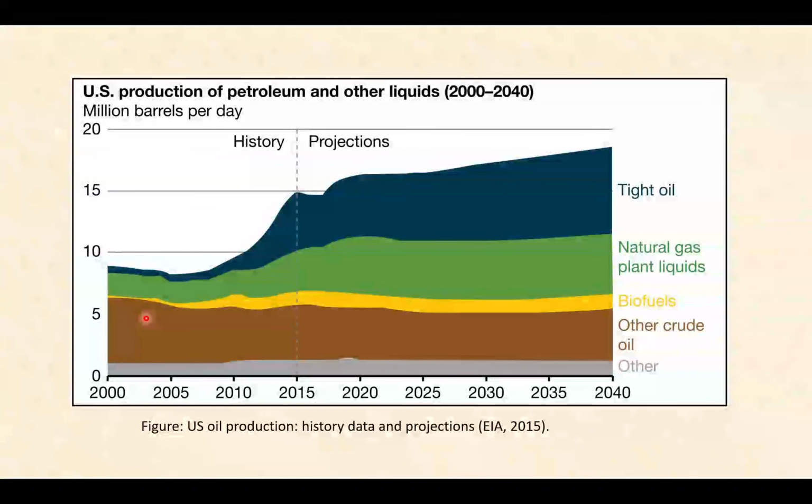And if we compare with the other types of conventional oil, there will come a time when the production from the tight oil, that is the shale oil and tight reservoirs, will be higher than the conventional crude oil. So we have to be ready for this type of production, and for that the development of technology for enhanced production should be there.